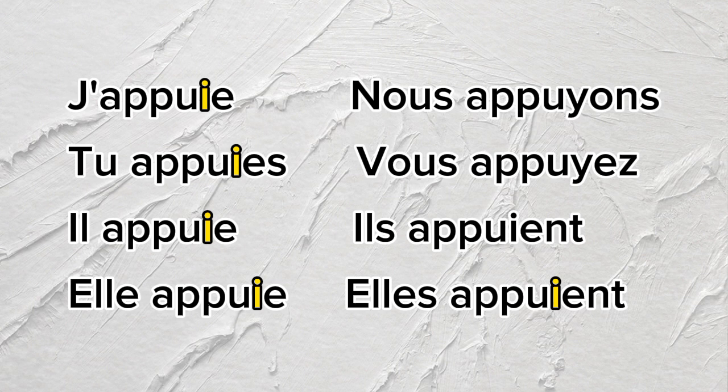J'appuie, tu appuies, il ou elle appuie, nous appuyons, vous appuyez, il ou elle appuie. J'appuie, the Y is replaced with an I. But for nous appuyons, the Y is not replaced, it is intact, it doesn't change.